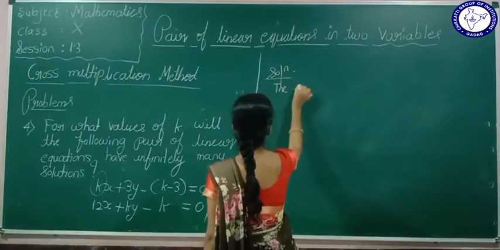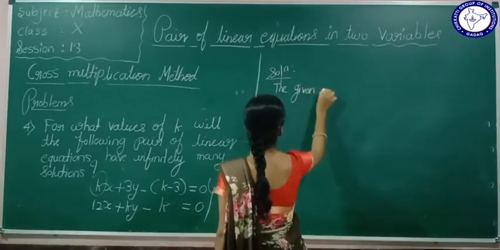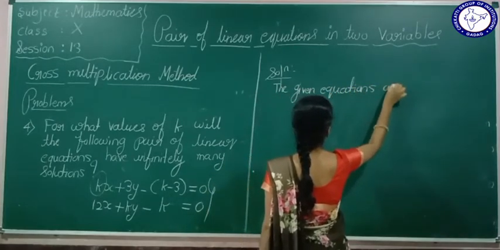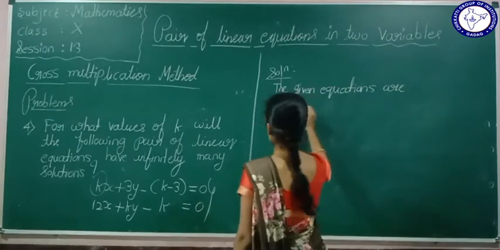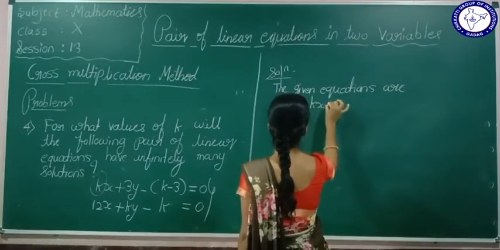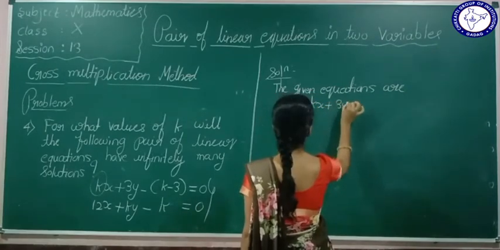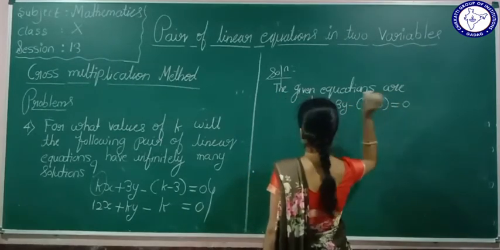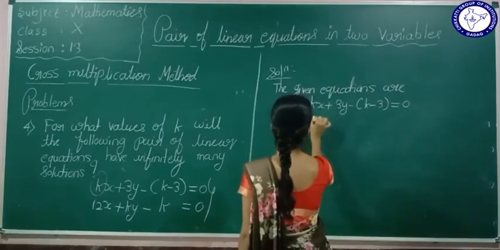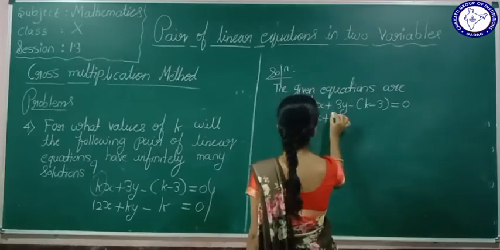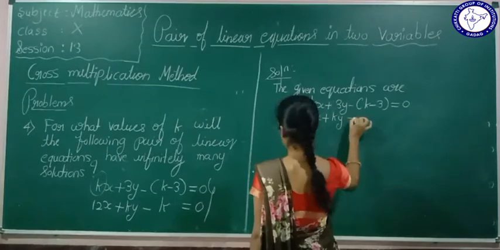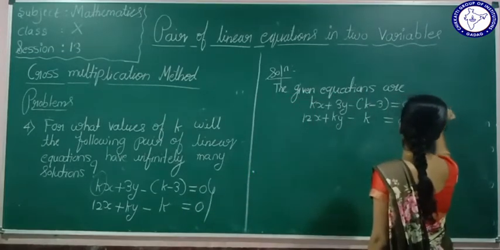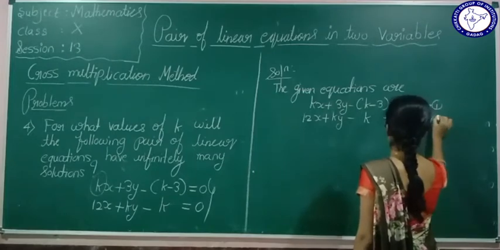See here, the given equations are kx plus 3y minus k minus 3 is equal to 0, and the second equation 12x plus ky minus k is equal to 0. So call this equation 1 and this equation 2.